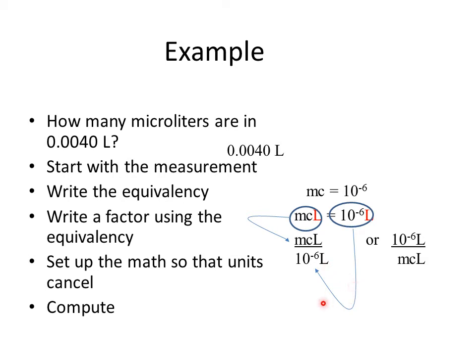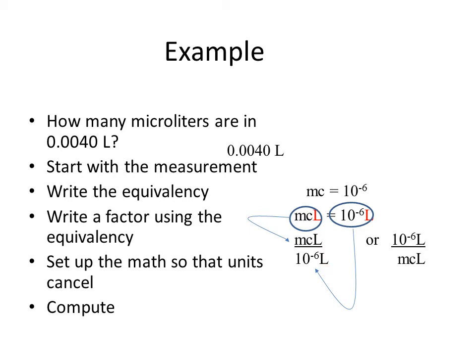A lot of people will get mixed up and put 10 to the minus 6 microliter with 1 liter. That's not what the equal statement says at all. You need to always go back and check with your equal statement. That means you have to have written it. So you always write your equal statement, and then you check with it before you form your fraction. That way you won't make a mistake.